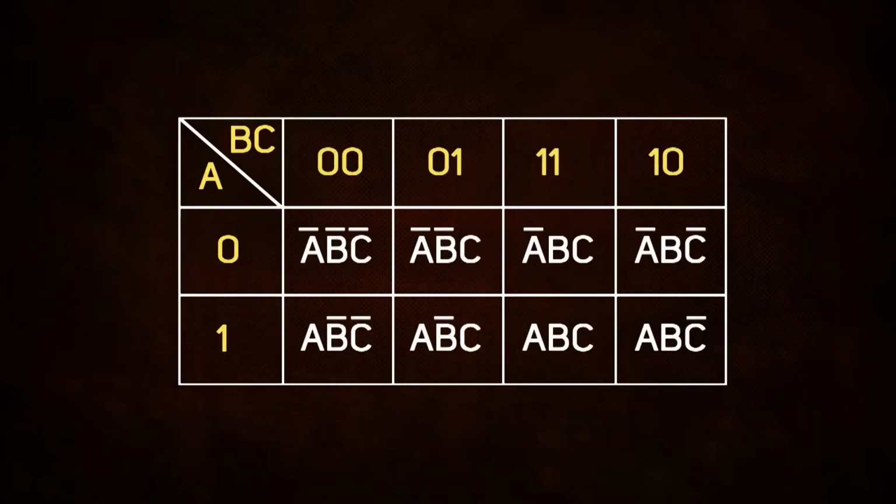Next, how do we draw a 3 variable K-map? 3 variables means we will have 2 raised to 3, which is equal to 8 cells to represent the function, and it can be written as shown here. Here, values of input variable A are given across the rows and values of B, C across columns.